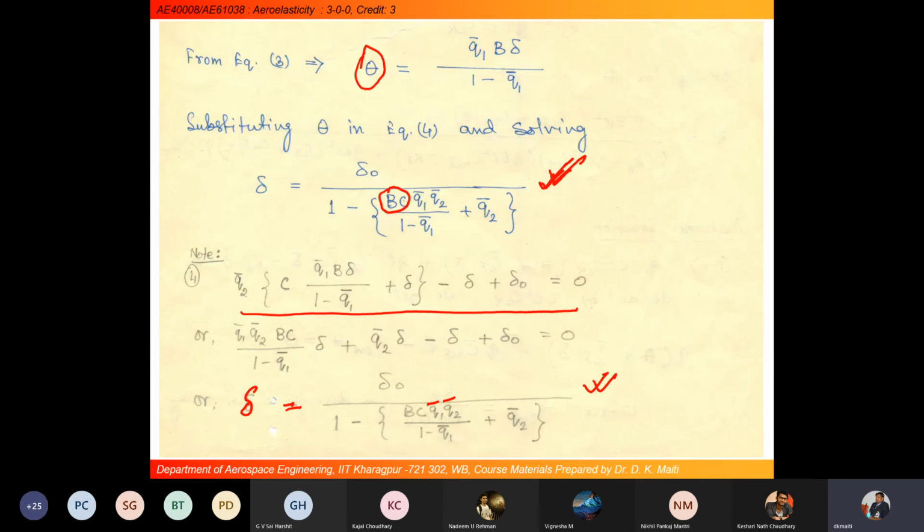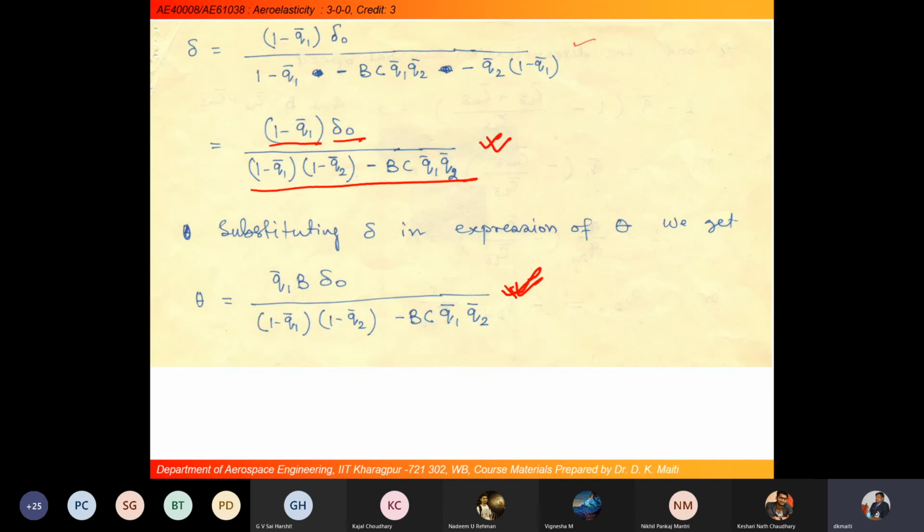If you look at here, I have just simplified this expression. If you simplify, it will become 1 minus Q1 bar into delta naught, then the whole denominator will be 1 minus Q1 bar minus BC Q1 bar Q2 bar minus Q2 bar into 1 minus Q1 bar.